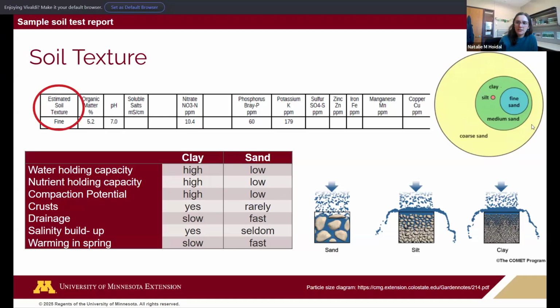We have this big yellow circle that is coarse sand. The medium sand particle would be maybe a third of the size of that. Fine sand would be about a third of the size of that. And then you've got silt, which is this little red circle, super small. And then clay, you can barely see. It's like a pinprick comparatively.